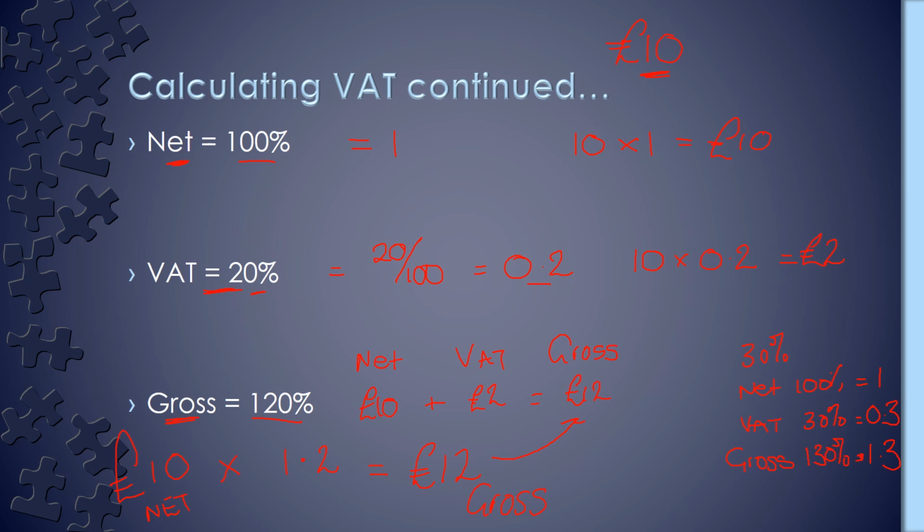We're going to do some working examples shortly, but hopefully that gives you an overview of why I use that basis. Because if the VAT rate went up to 30%, your divide by 6 and times by 5 isn't really going to work. So I always try and base it on the decimal, and then you can work it out on any VAT rate that you're given.